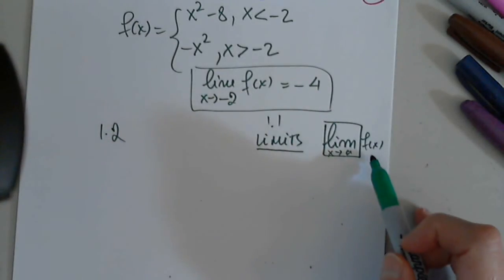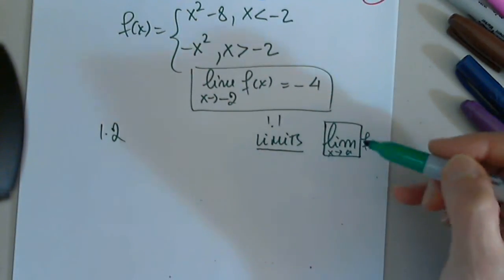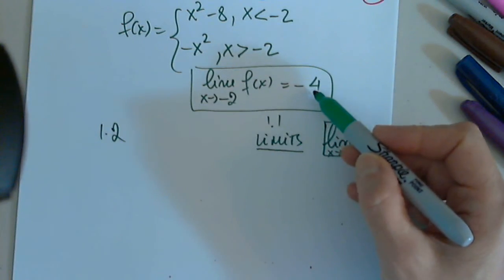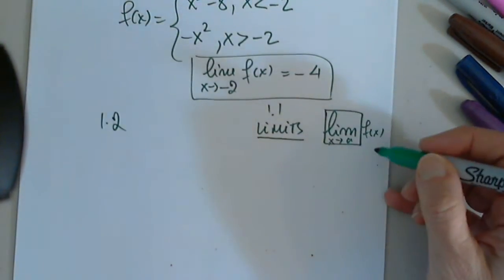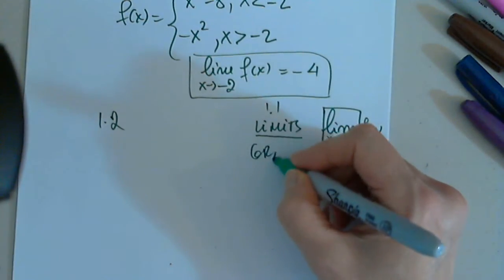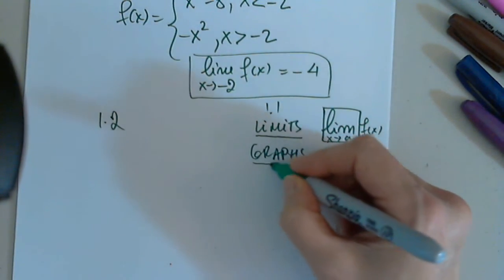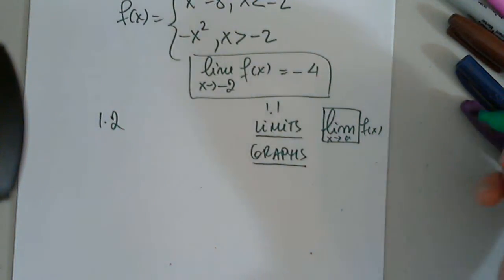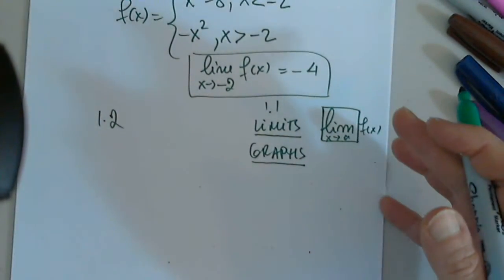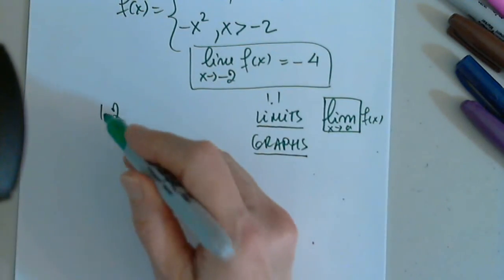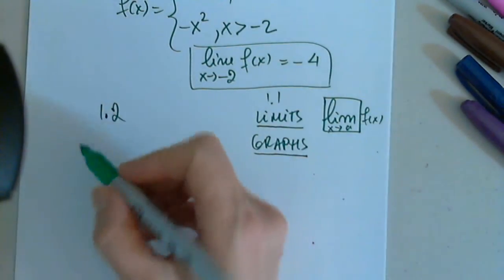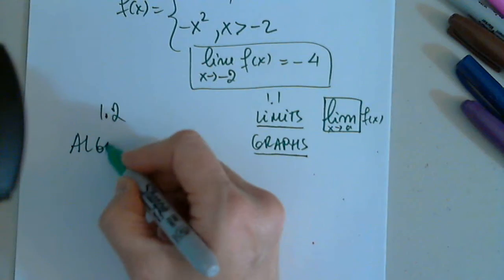We know that the limit exists only if I can give you a number, like negative 4. We know that we have left-hand and right-hand limits, and we looked at graphs. From graphs, we were able to determine the limit from the left and right, if it has one from either side, etc.